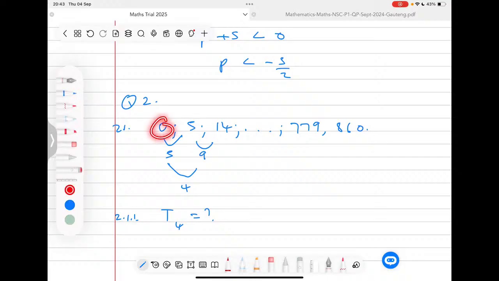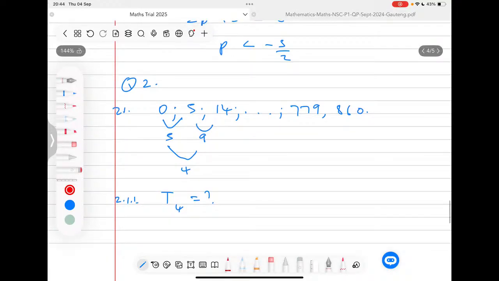Here I have T1, T2, and T3, and we want to find T4 in this sequence. How do we determine that? Studying quadratic sequences, you would know that if we take this number plus this number, we should get that number. So 5 plus 4 should give you a 9.